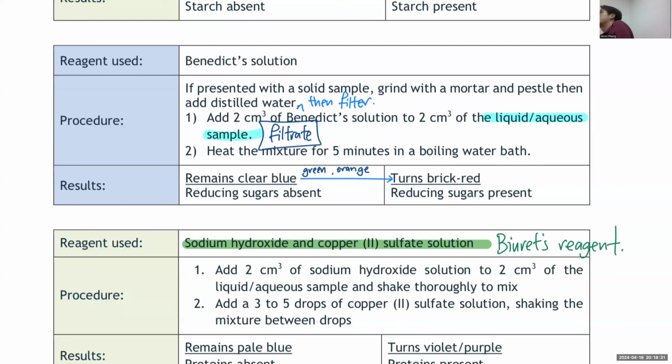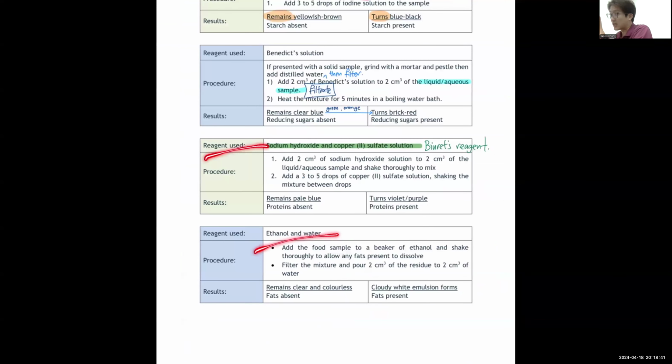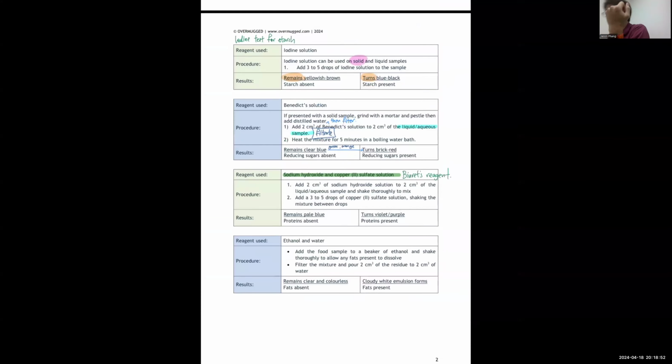Therefore, if you are presented with a solid sample for these tests, do the same steps. Anything else? Any questions for carbohydrates, proteins, and lipids? Thank you for asking that.